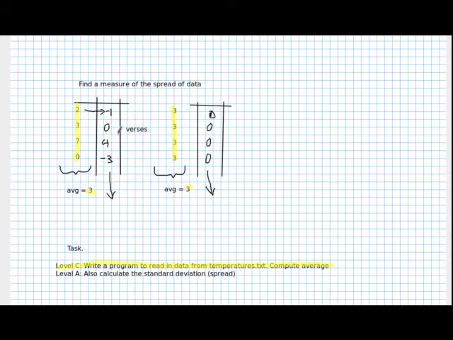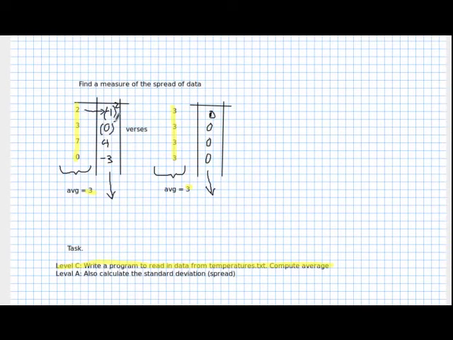So to pick out a measure of the spread of the data, there's kind of two ways you can think of. One might be to add up the absolute values of these numbers, but that can get a little bit clumsy sometimes. Another way to achieve that is to take each of these numbers and square it before adding them together.